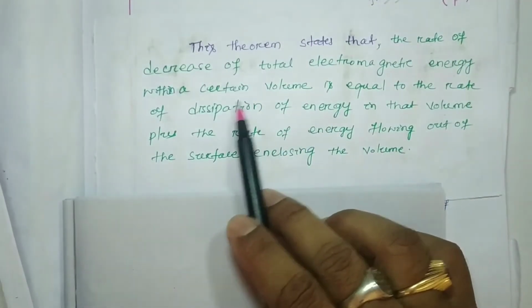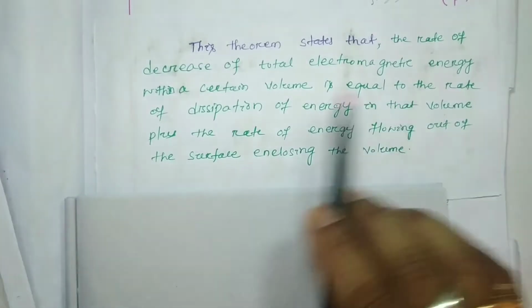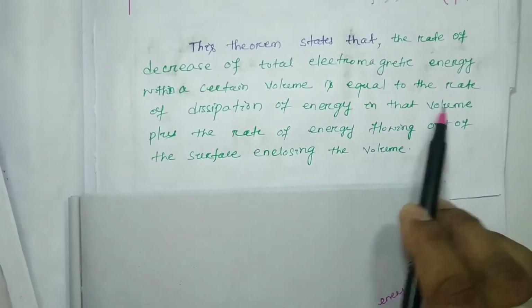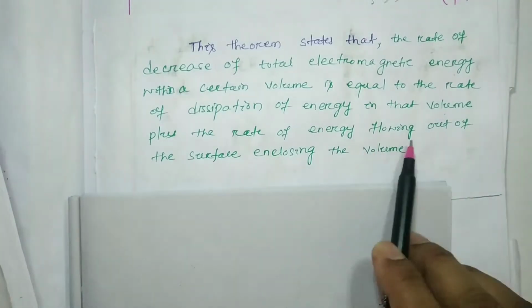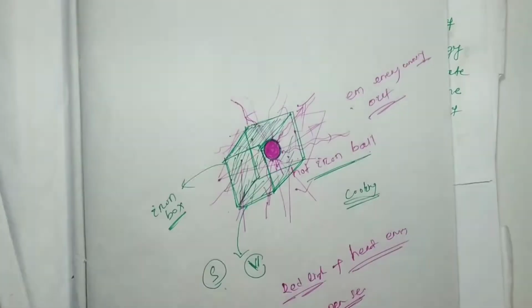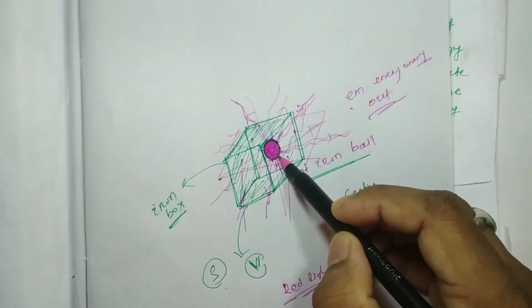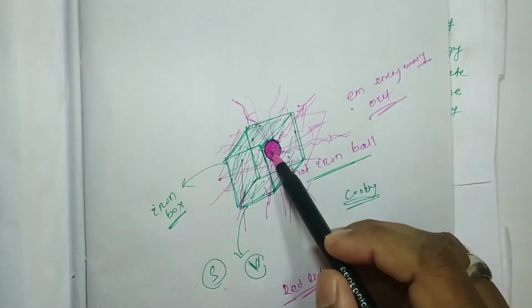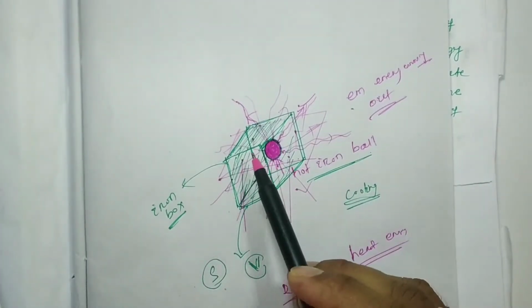The rate of decrease of energy within a certain volume is equal to the rate of dissipation of energy in that volume plus the rate of energy flowing out of the surface that encloses the volume. So whatever the energy decreases from this hot ball, it is utilized in two ways.